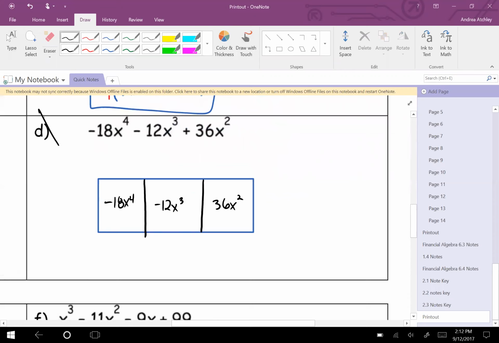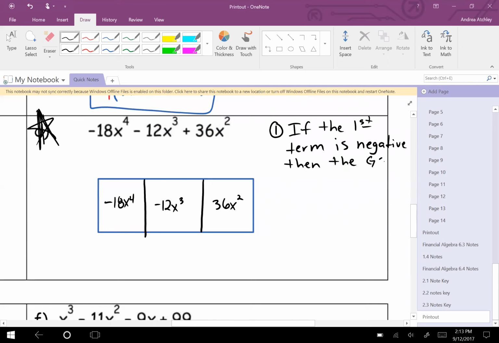Now we should put a star in this one because we're going to be a little bit different than what we've been doing. Okay, if the first term is negative, then the GCF will be -2.